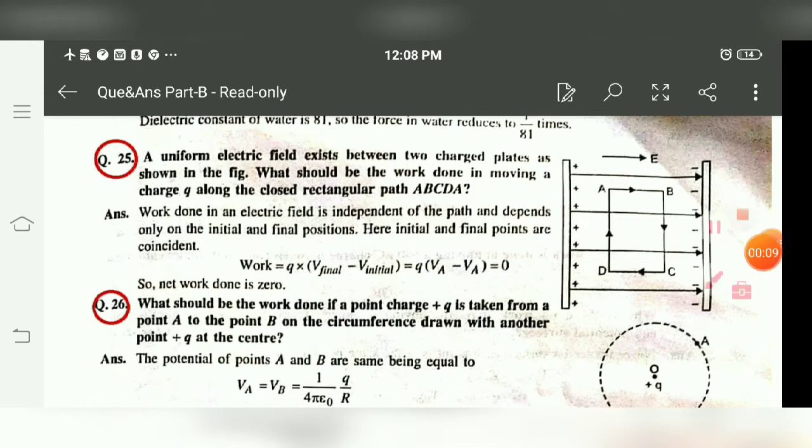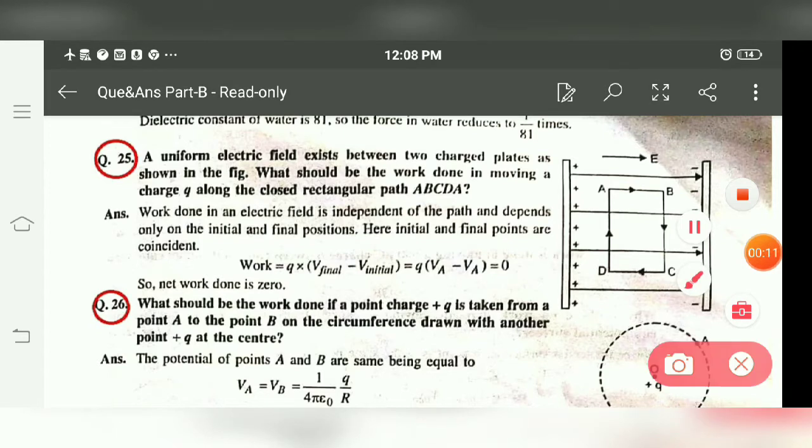Now the next question is: a uniform electric field exists between two charged plates, which means one plate is positive and the other plate is negative. What should be the work done in moving a charge q along a closed rectangular path? Here the electric field means electrostatic force exists, and we know that electrostatic force is conservative in nature.